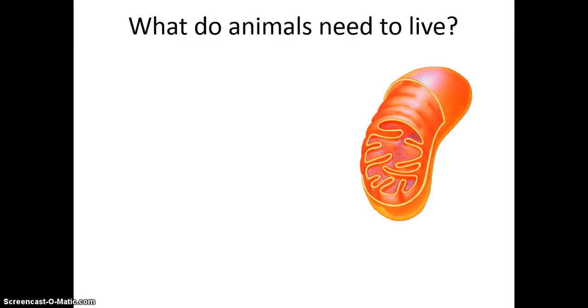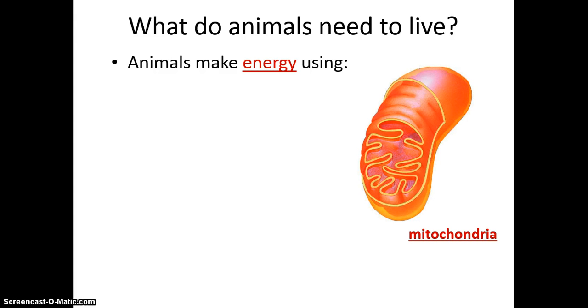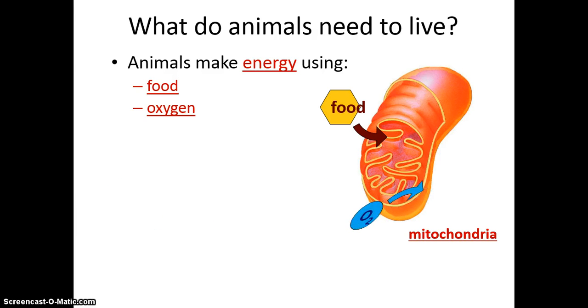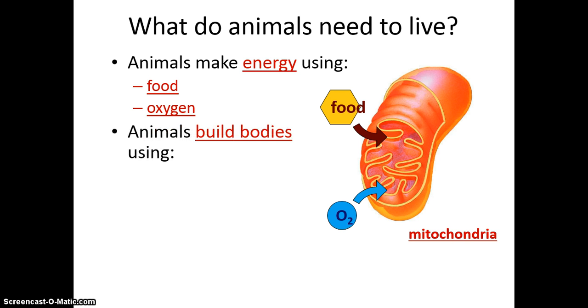So, what do animals need to live? Why do we eat? Well, we need energy. In order to get energy, we need food. We also need oxygen. And we break that food down in the presence of oxygen to get energy, or ATP. We also need raw materials to build bodies.